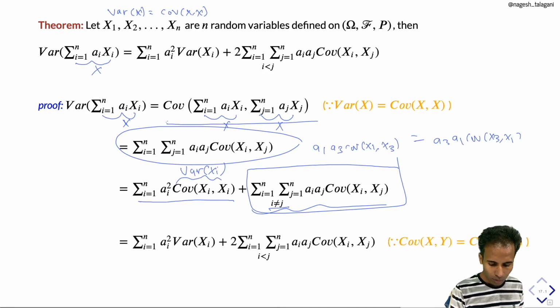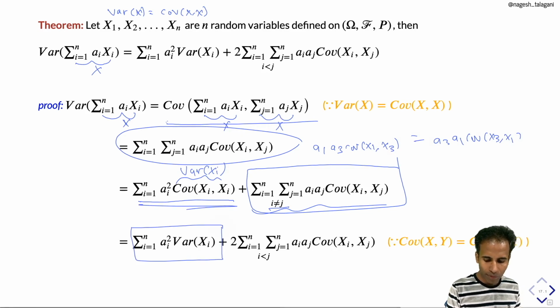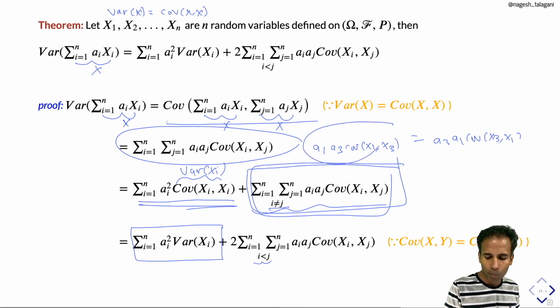Now this summation we can write as summation i equal to 1 to n ai square variance of xi, and this summation we can write as 2 times double summation ai aj covariance of xi xj. The first summation runs over the first index i from 1 to n, and the second summation runs over the second index j from 1 to n, but this time we are keeping i less than j, because we are not writing both of these terms.